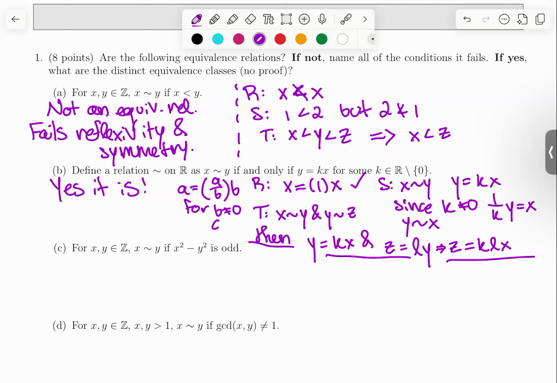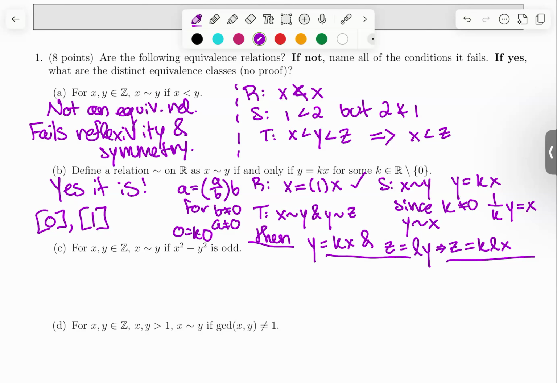Because a also can't be 0, because remember our k cannot be 0. But 0 can be written as k times 0 for any k, right? Because anything times 0 is going to be 0. So our 2 equivalence classes are going to be 0, which only contains itself, and maybe 1. I don't know, pick your favorite non-zero real number, because every number is going to twiddle everybody else besides 0.